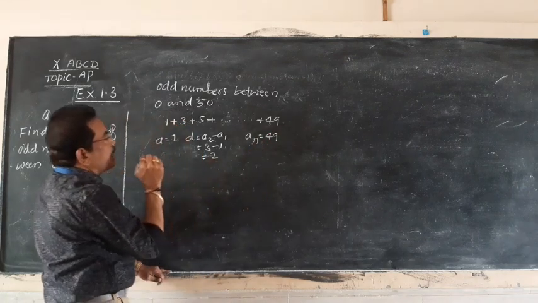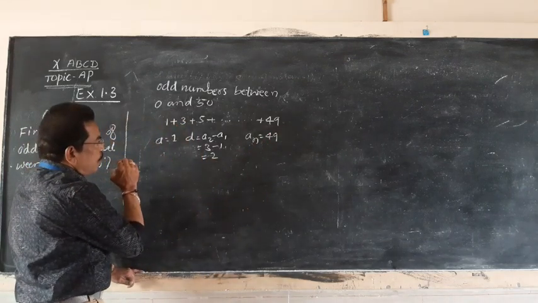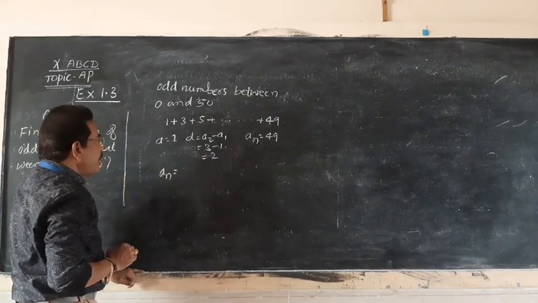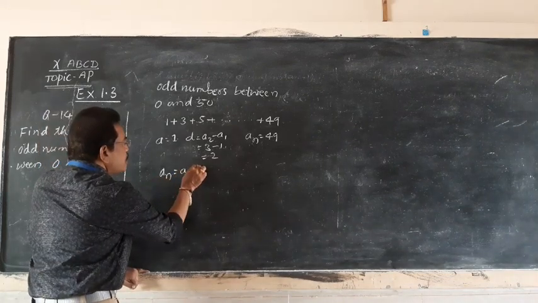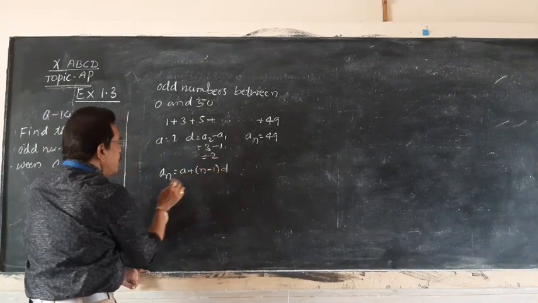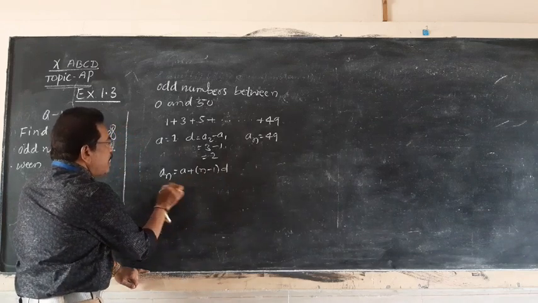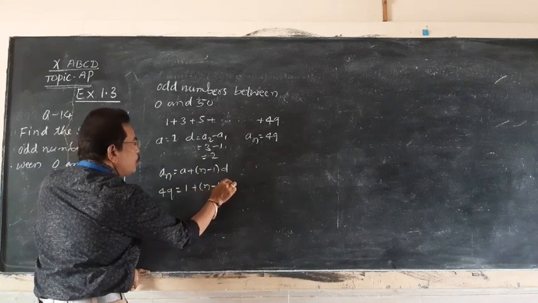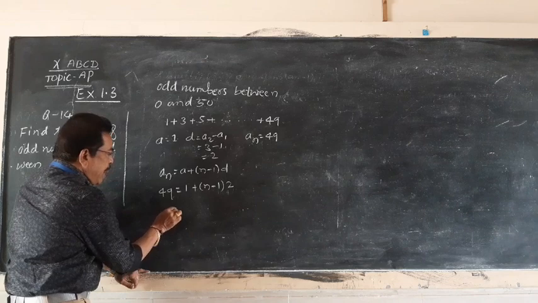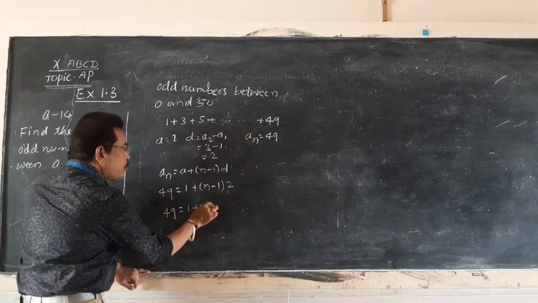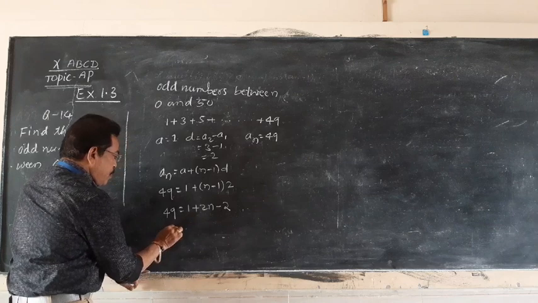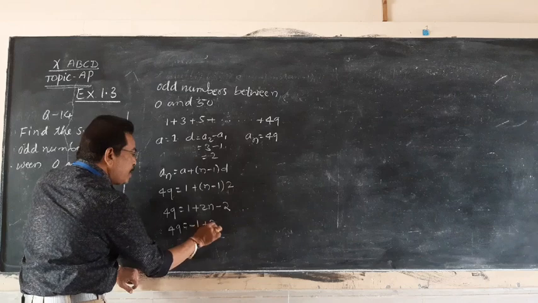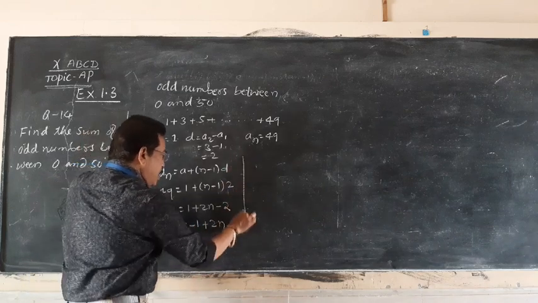Now, by using the AN, let us find the N. AN equals A plus N minus 1 into D. AN is 49, that is A1 plus N minus 1 into D, 2. 49 equals 1 plus 2N minus 2. 49 equals minus 2 plus 1 plus 2N.